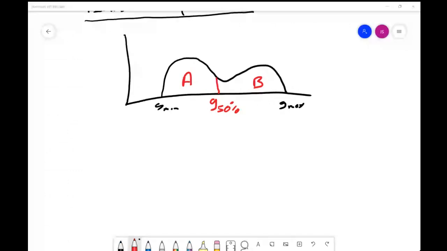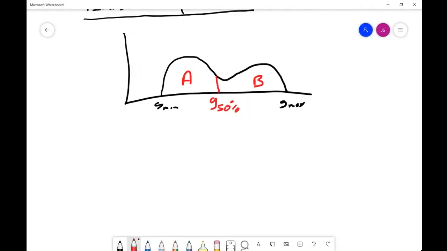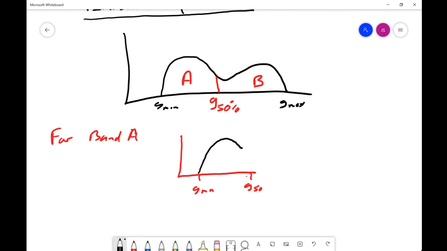So for band A, I'll take band A out of the histogram. There's going to be G min, and there's going to be G 50%, and I'm going to have a distribution that looks something like this. And that is band A. Step one, shift to 0.